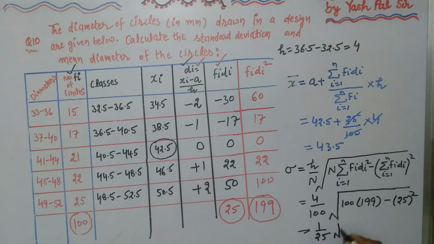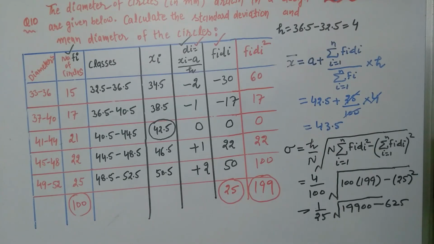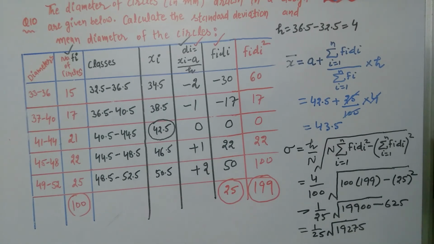And this is 19900 minus 25 into 25, 625. Next, this is equal to 1 upon 25 square root of 19275. Now we find the square root of this term.